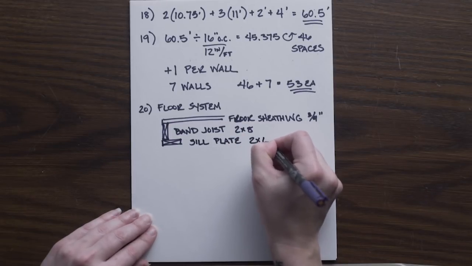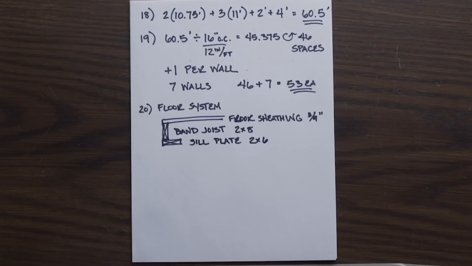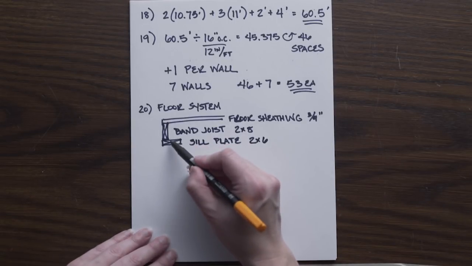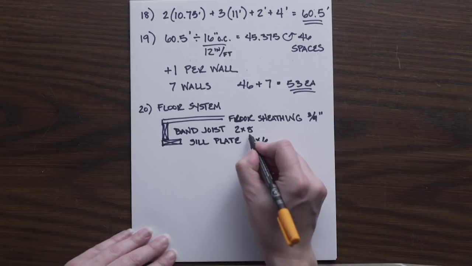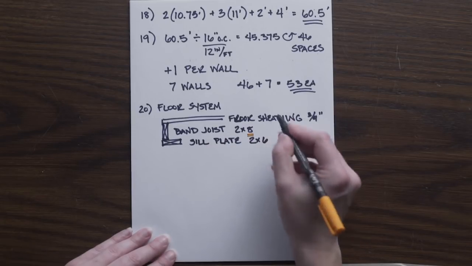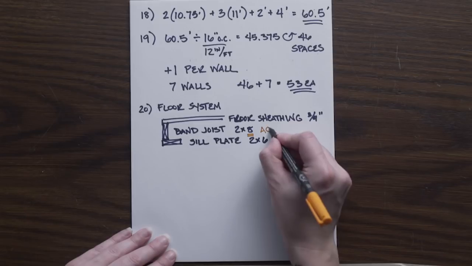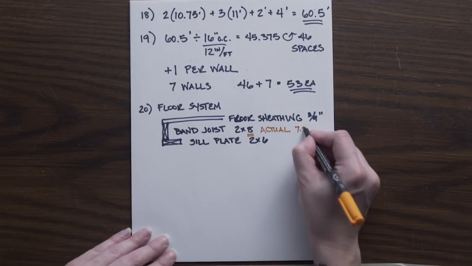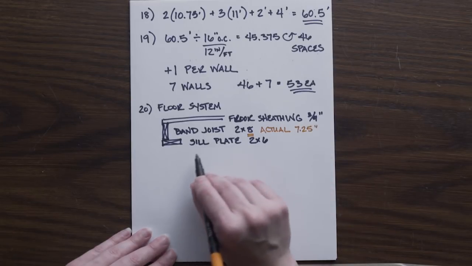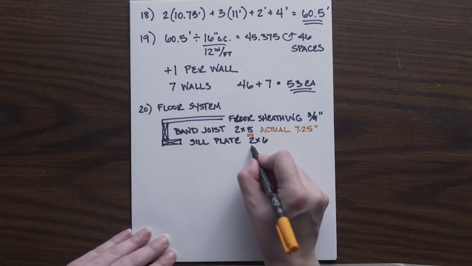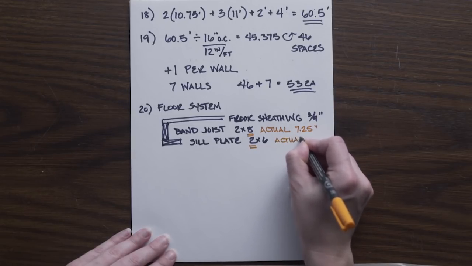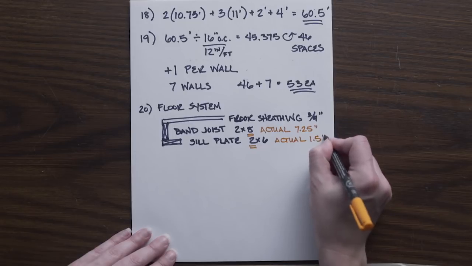You want to make sure that you're paying attention to how the boards are oriented. So our band joists and joists are up on end, so the number we care about is the second number, and remember 2x8, the actual height or thickness of a 2x8 is 7.25 inches, but our sill plate, since it's laying flat, we care about the first number, and the actual for a 2x is 1.5 inches.